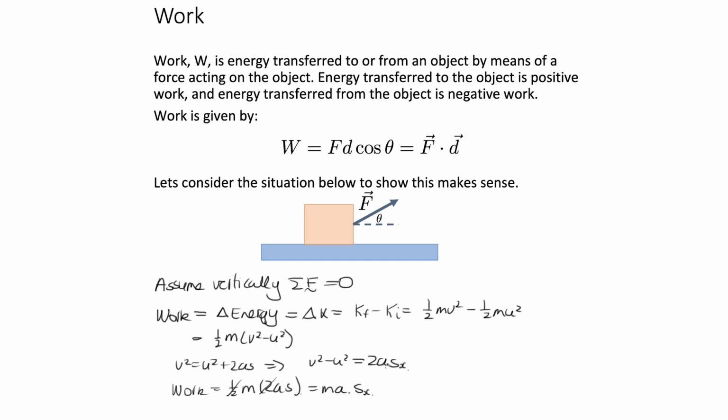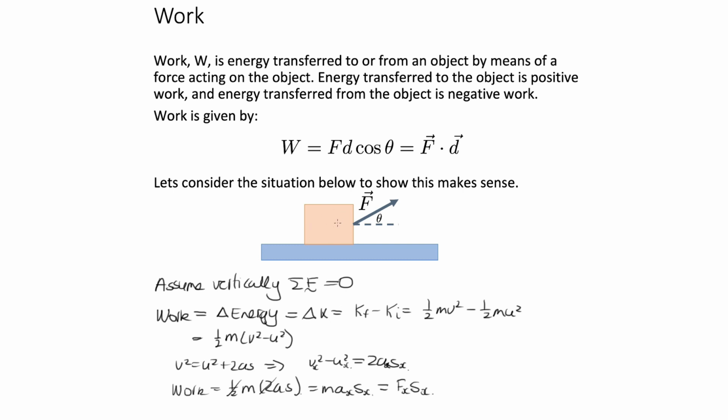And a is also in the x direction, as in our kinematic equations, all of these things were in the same direction. So we can say that's in the x direction, which tells us that max, that's the net force in the x direction, times sx.